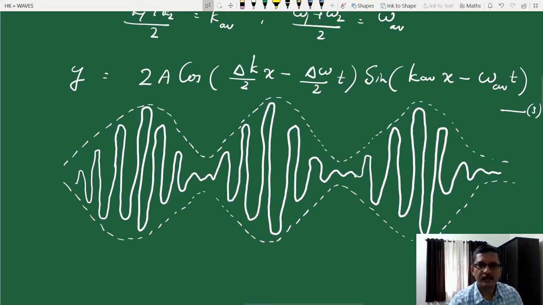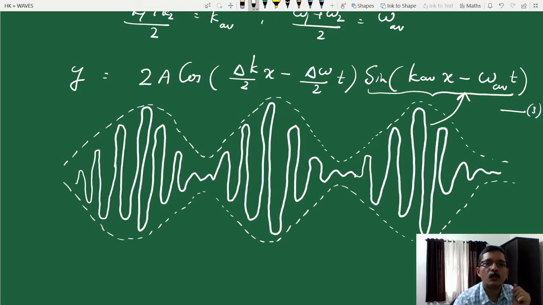Here we can see that there is a rapidly oscillating part in the resultant wave, which is given by this sine function, and the slowly oscillating part is given by the cosine function.